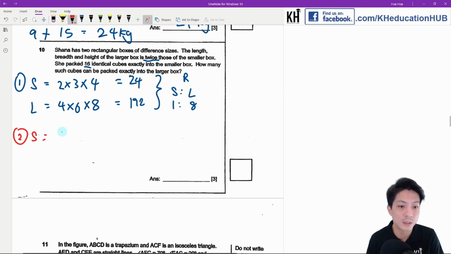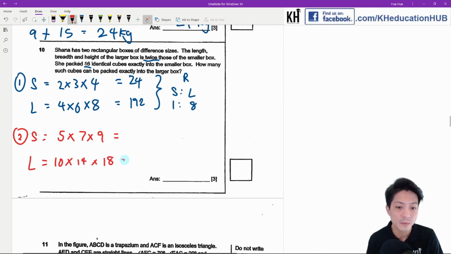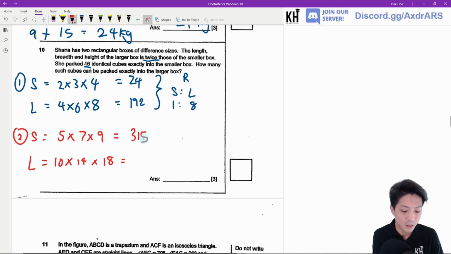You can try other variations. So let's use bigger numbers. 5 times 7 times 9, which means that the large will be 10 times 14 times 18. 5 times 7 times 9 is 315. 10 times 14 times 18 is 2520.